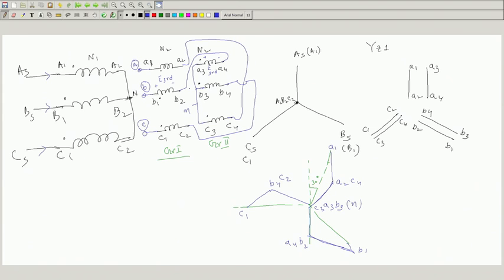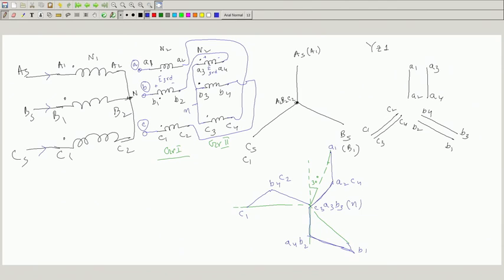So, what is the third harmonic voltage present across the phases? 0. Although in each coil third harmonic voltage exists, but in the phases no third harmonic voltage. So, it is a superior thing compared to simple star star.